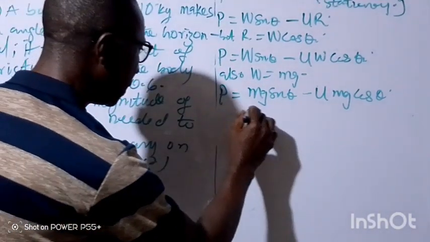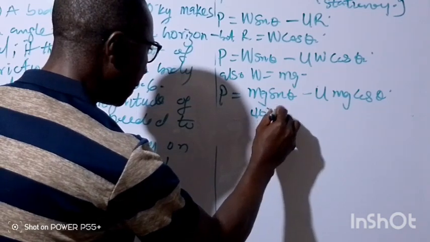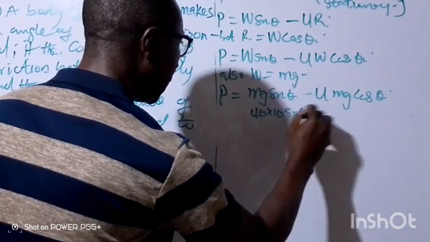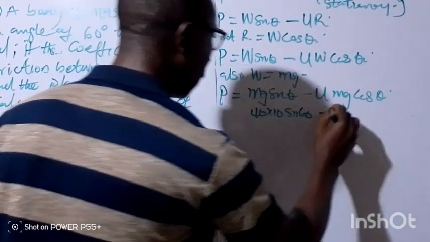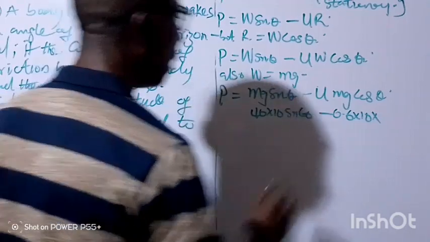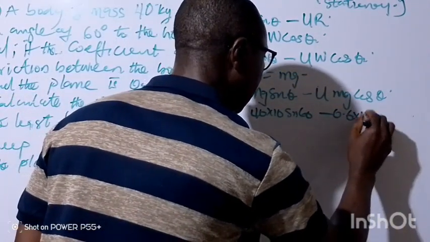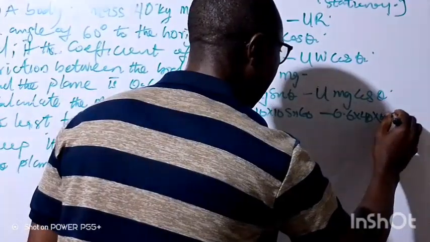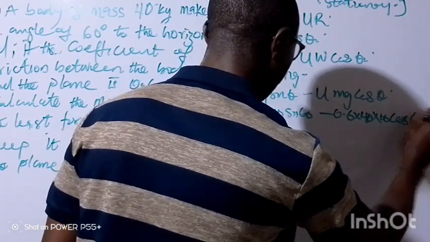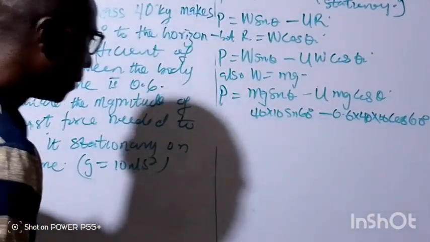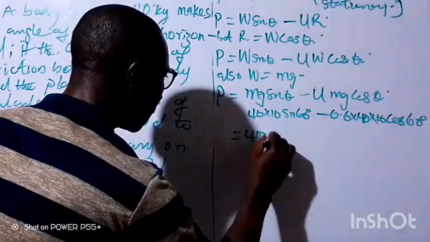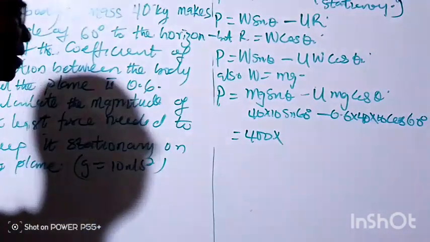That will be 40 multiplied by 10 sin 60 minus 0.6 multiplied by 40, multiplied by 10 cos 60 degrees. And from there, you can say this will be equal to 400 multiplied by sin 60, which is 0.866.